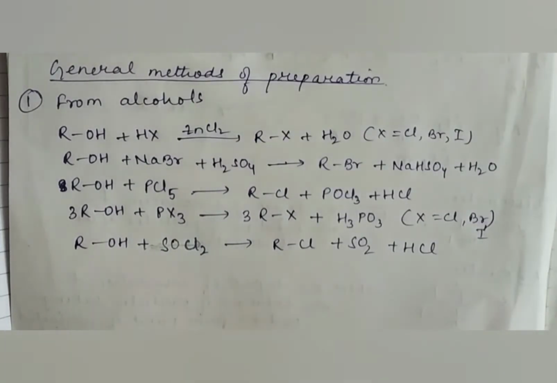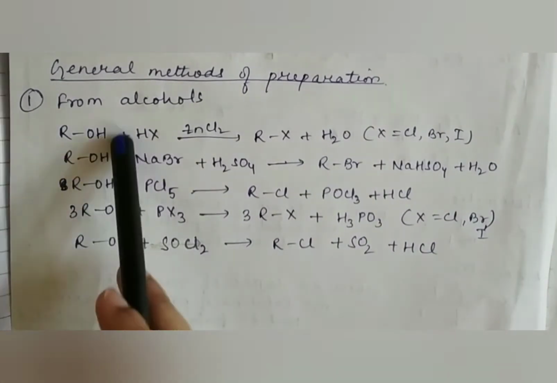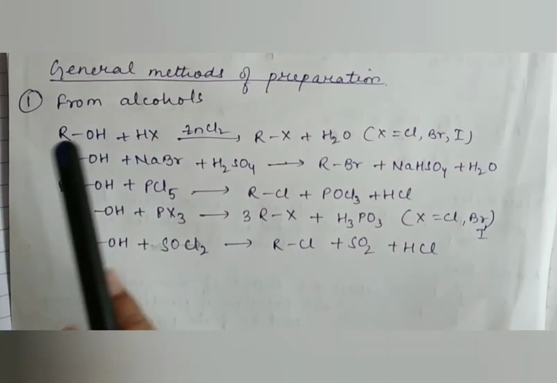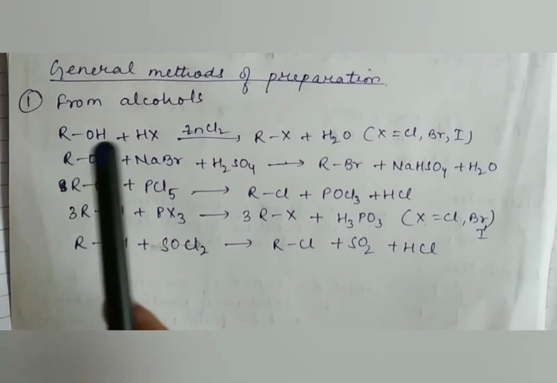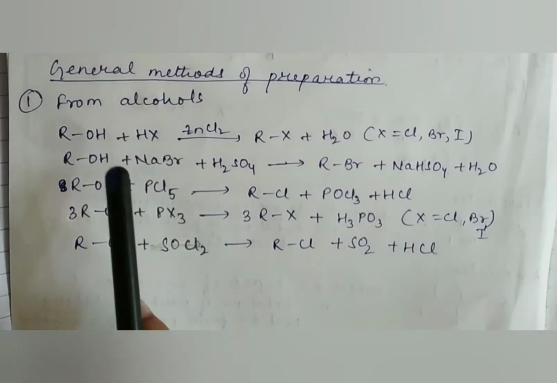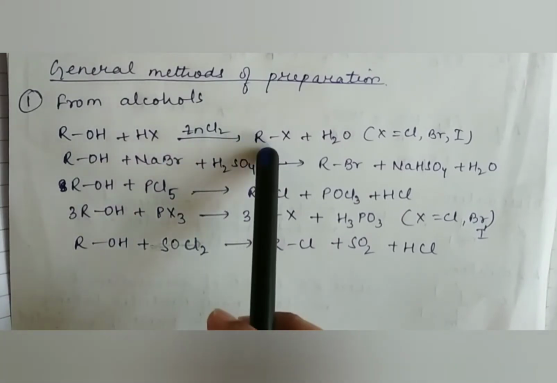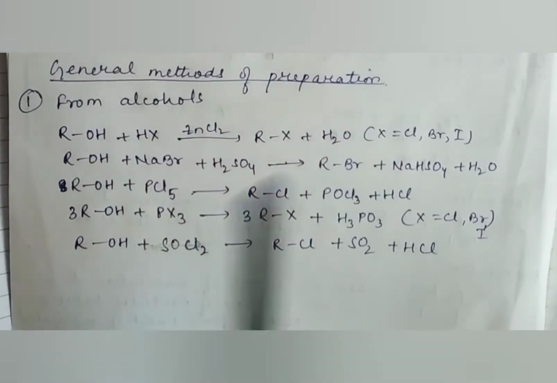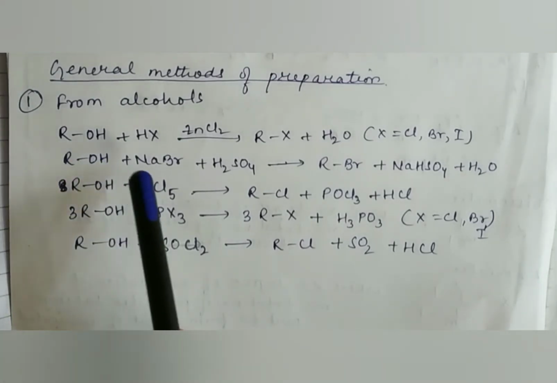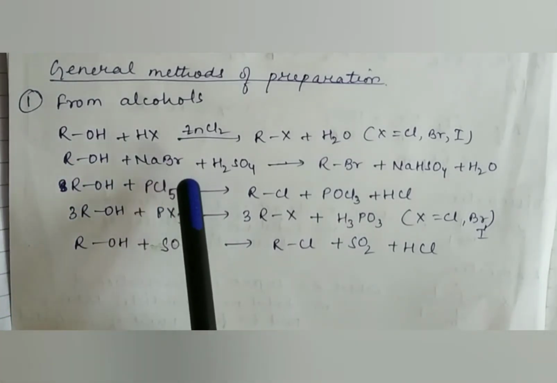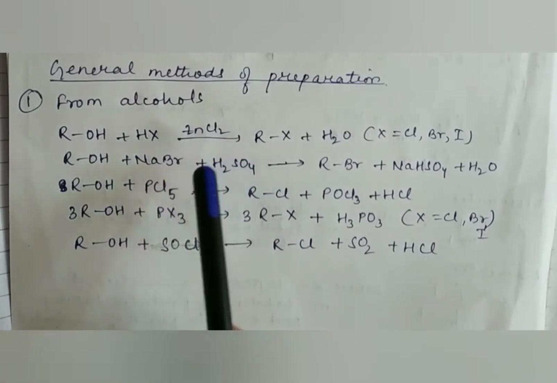If we take HBr, then we get RBr. For example, if the alcohol taken is methanol, then on treating it with HCl in presence of ZnCl2, we get chloromethane and water.